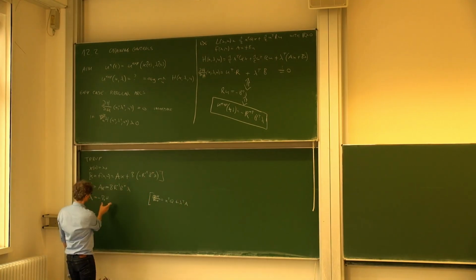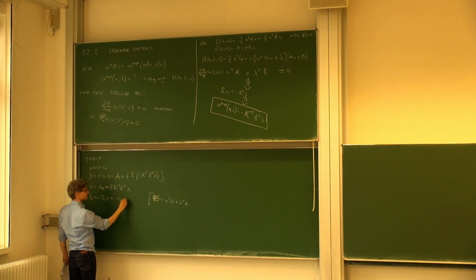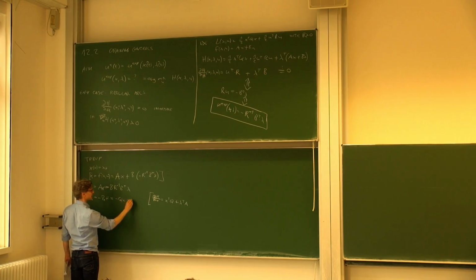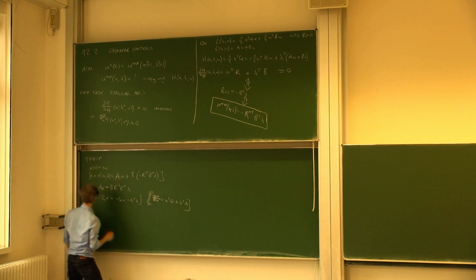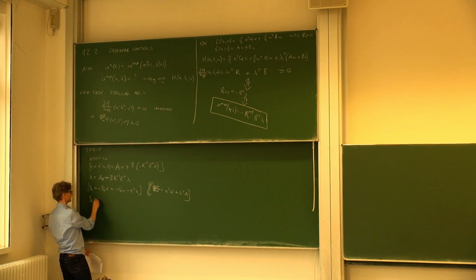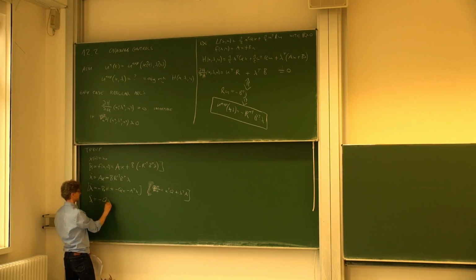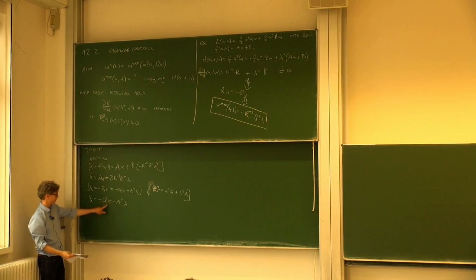And if I transpose it to get the gradient, then I get minus Q x minus A transpose lambda. And now I write it in clean. Lambda dot is equal to minus Q x minus A transpose lambda. Very simple, just an expression in x and lambda.